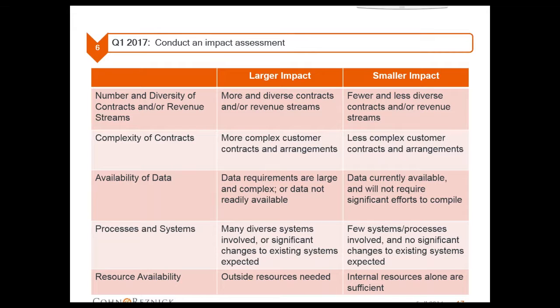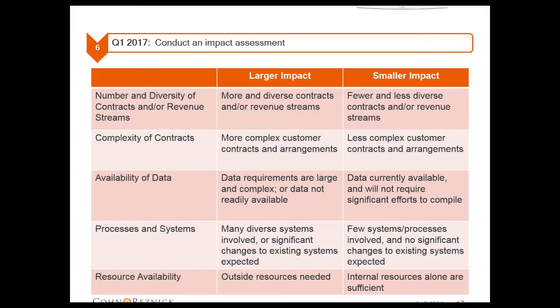Understanding the key revenue streams, accounting policies, and the respective accounting treatment is critical. The overall impact to each and every organization will vary considerably. The only way to know how your organization will be impacted is to begin the impact assessment now.